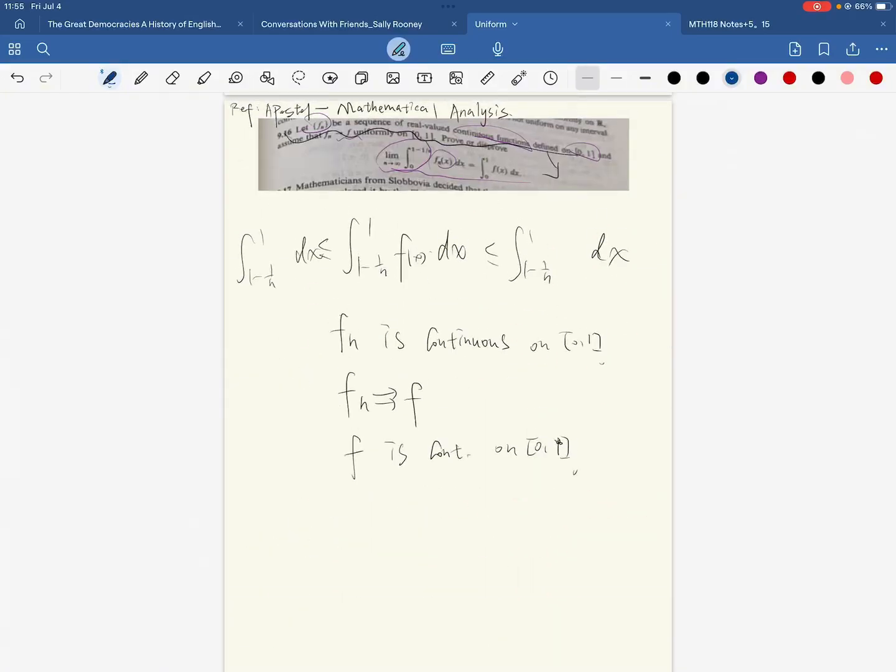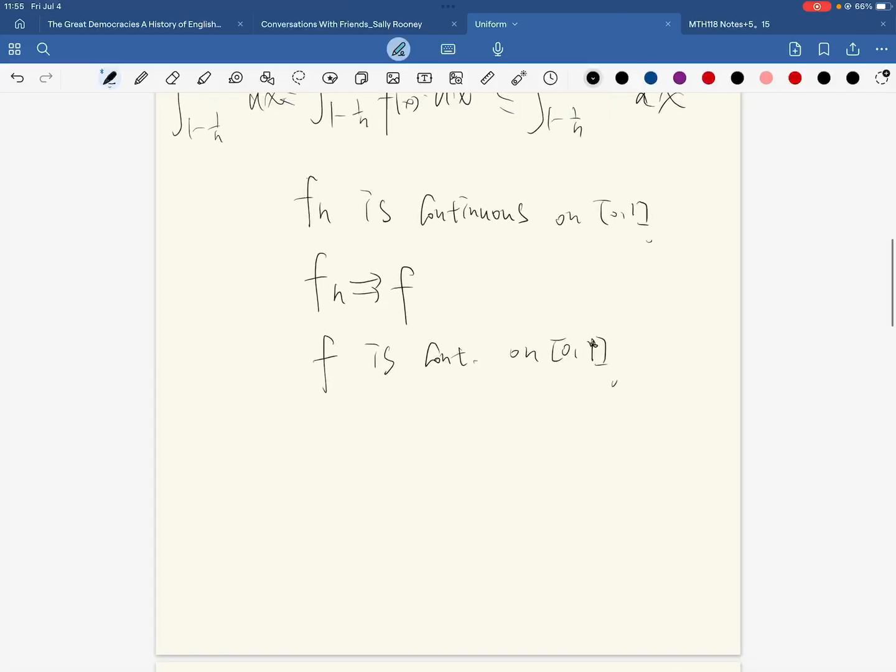So let's continue. Here we know that f is continuous on the compact interval, so we know that f is uniformly continuous.